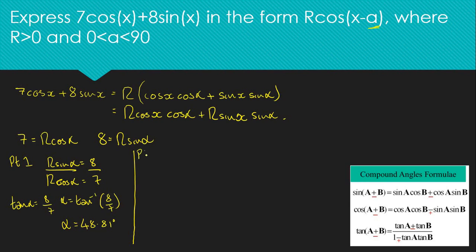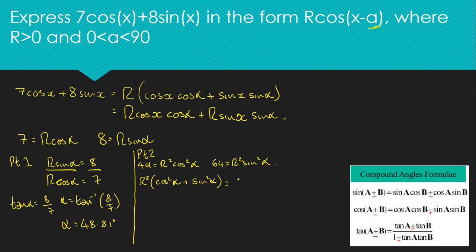Next for part 2, all of this stuff is going to get squared, so we're going to have 49 equals R² cos² α, and 64 equals R² sin² α. I'm going to add the right to the right and the left to the left, so I'll get R² cos² α plus R² sin² α, which I'm going to factor out the R², so I'll get R² (cos² α + sin² α).